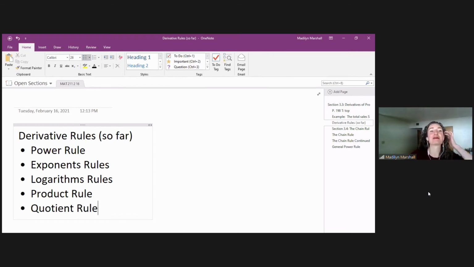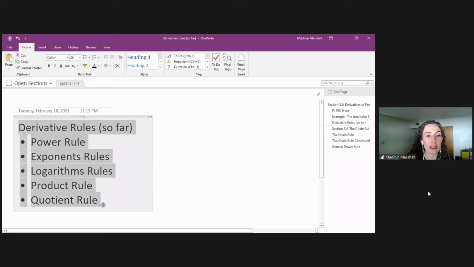And quotient rule. And we saw that when we're doing the product rule and quotient rule, we have to use the other ones when we're finding that f prime and s prime or t prime and b prime. But these are each their own rule.